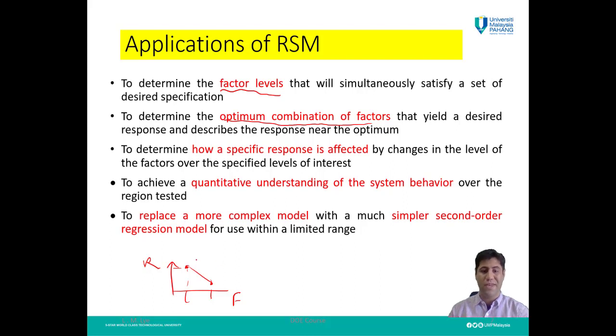So we can see how the response is affected by changes in the factor. So we can find this line, or this polynomial I can say, more confidently, and we can be sure that the response will change like this as we change the factor, and we can find the response for each amount of the factors, which is also an interesting characteristic.